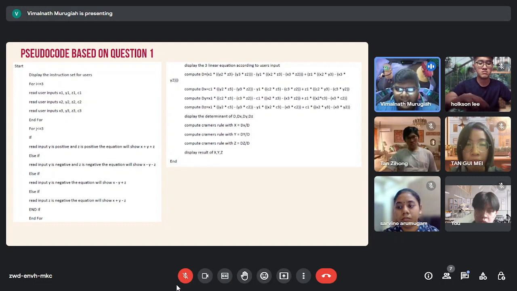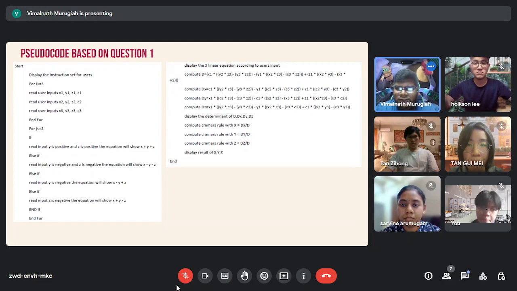For determinant y, it will be x1 times in bracket c2 times z3 minus c3 times z2, minus c1 times in bracket x2 times z3 minus x3 times z2, plus z1 times in bracket x2 times c3 minus x3 times c2.